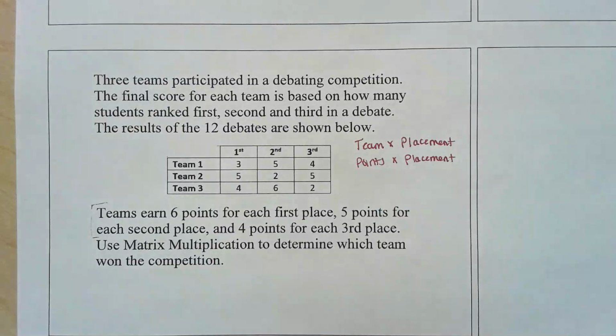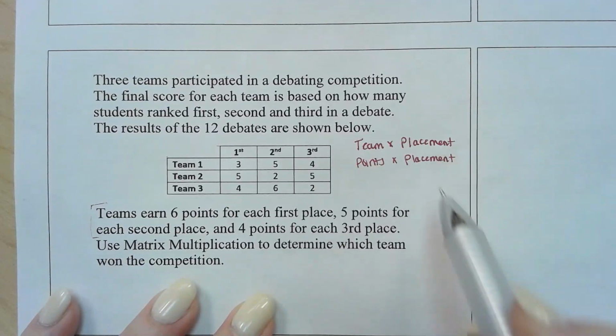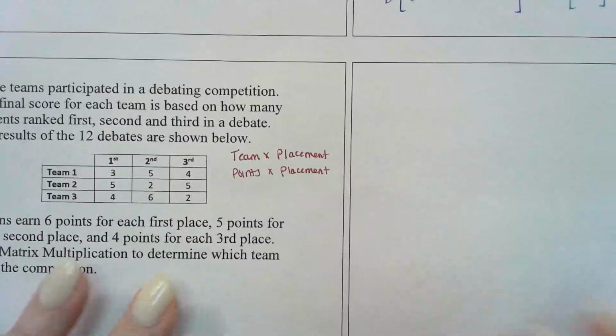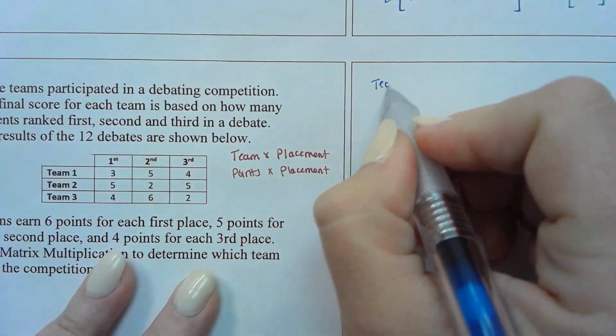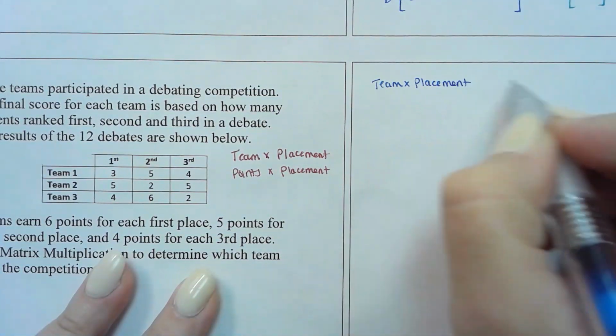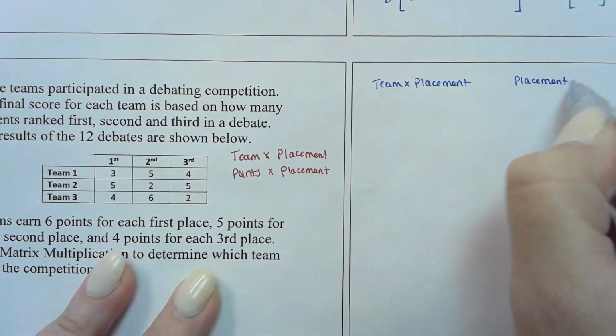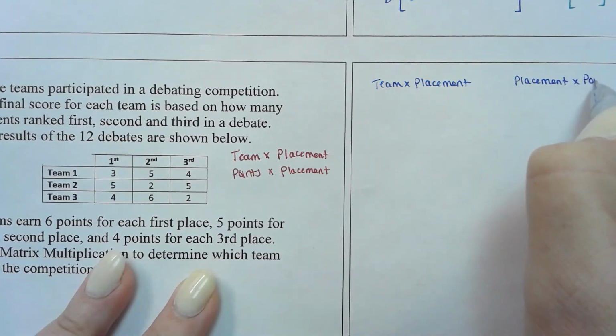And we should see a word used twice, and it's placement. Those need to go on the inside. Other than that, it doesn't matter. So I'm going to do team name by placement, and I'm going to multiply that by placement versus points.